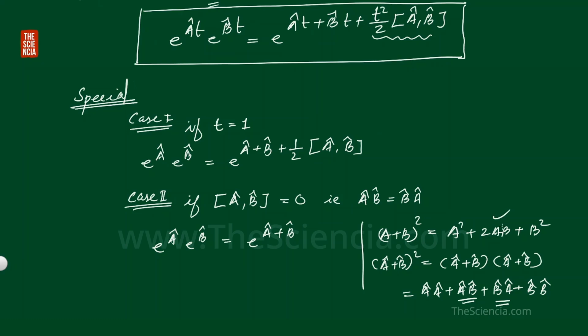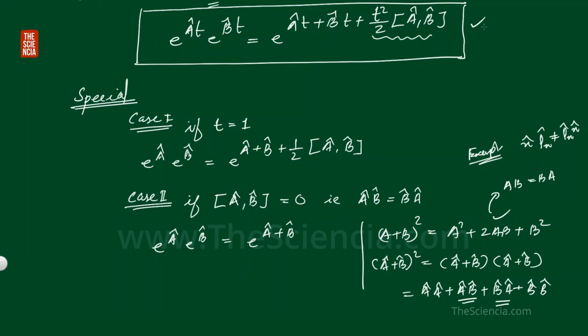That means here it is AB is equal to BA. But in quantum mechanics, this operator AB, in most cases, is not equal to BA. And I told you one example also. What is it? X cap p x cap is not equal to p x cap X cap.